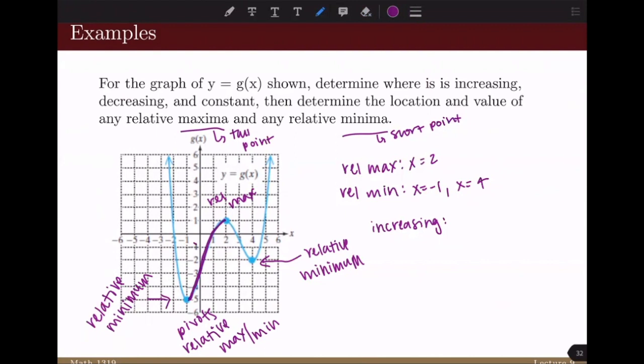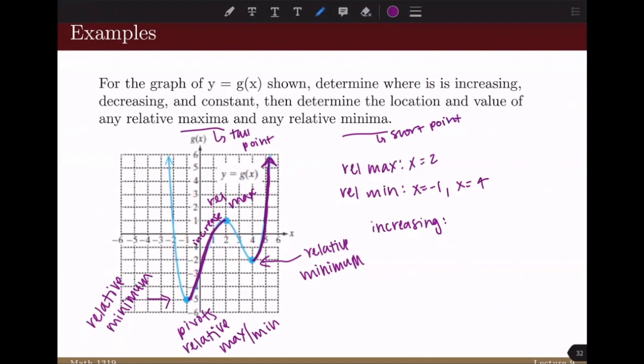So here we are increasing, right? We're also increasing from here onward. This arrow means we're assuming the graph does not come back down.